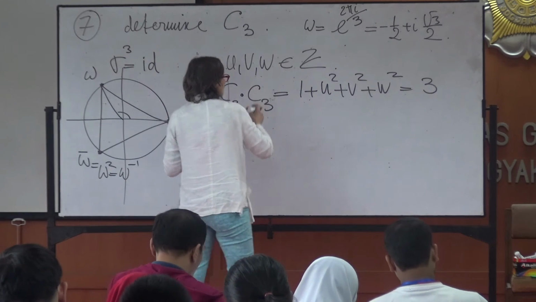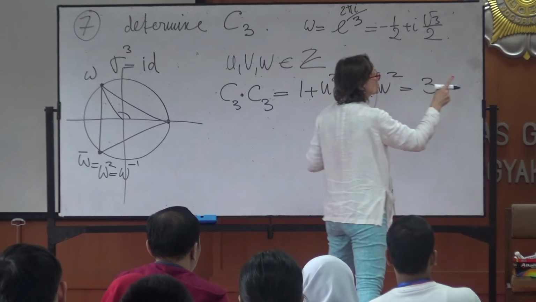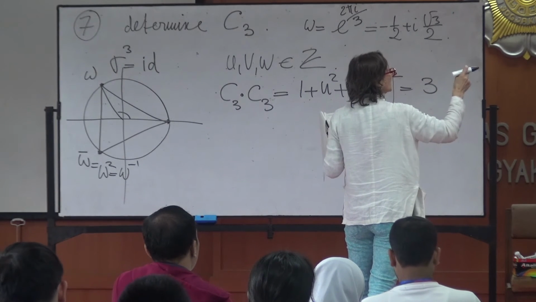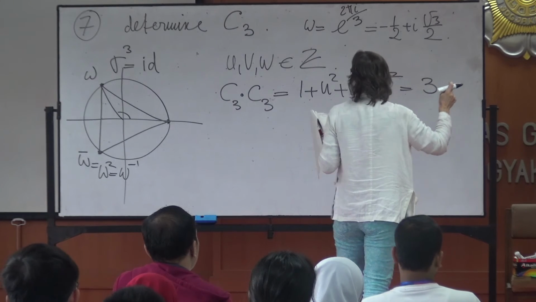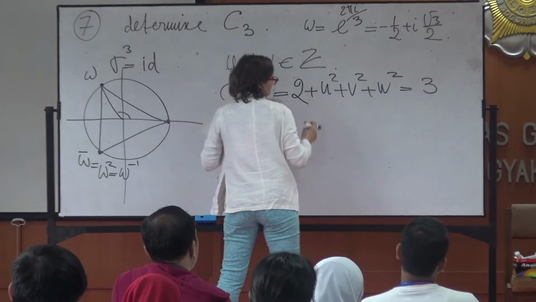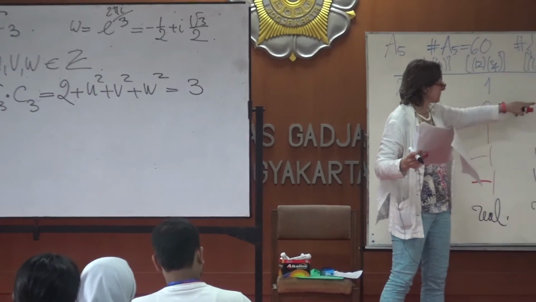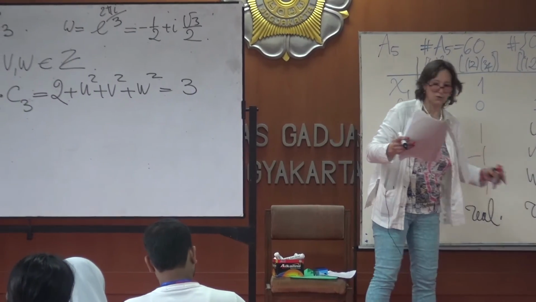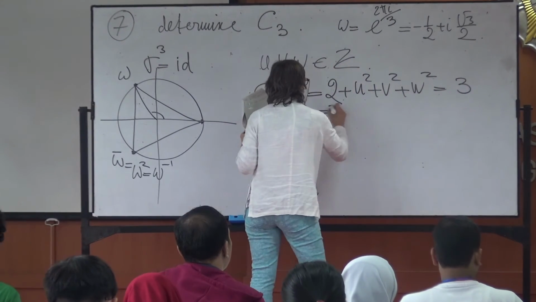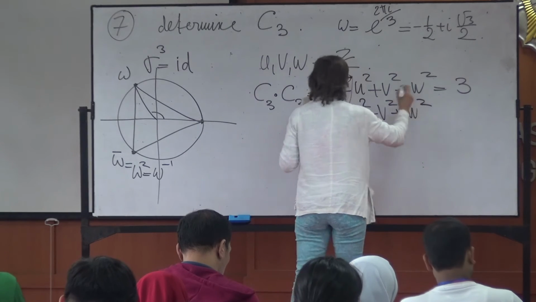No, I missed the... 1 plus 1, 2. Here is a 2. 1 times 1 plus 1 times 1 plus u square, v square, w square. So this tells us that u square plus v square plus w square is equal to 1.